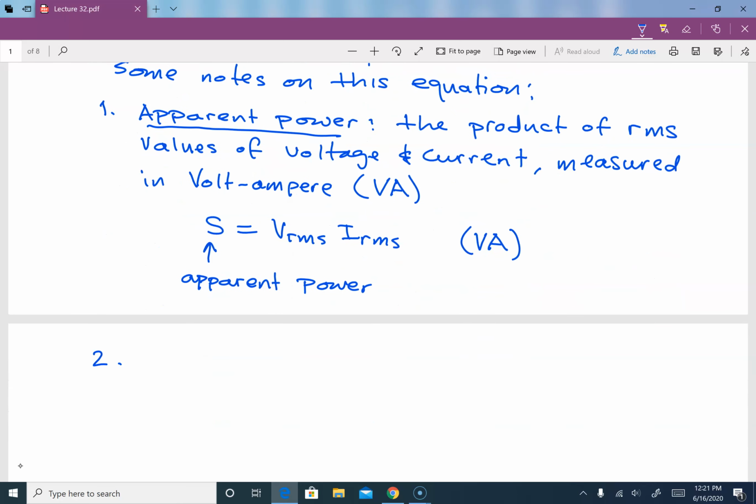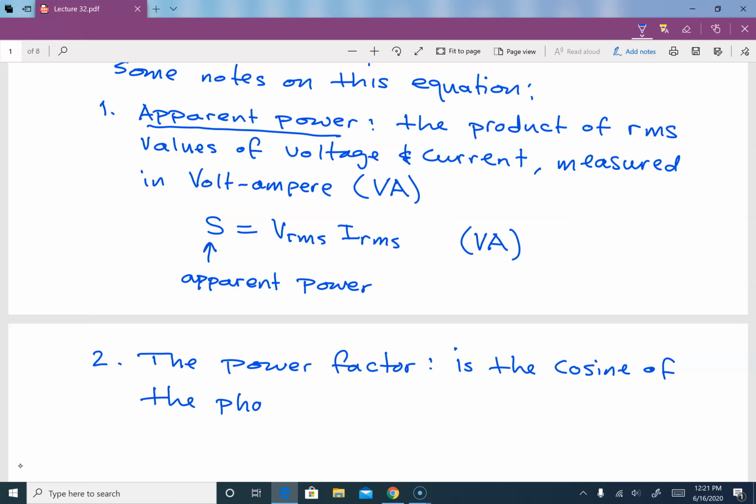The second note, the power factor. The power factor is defined as the cosine of the phase angle difference between voltage and current.